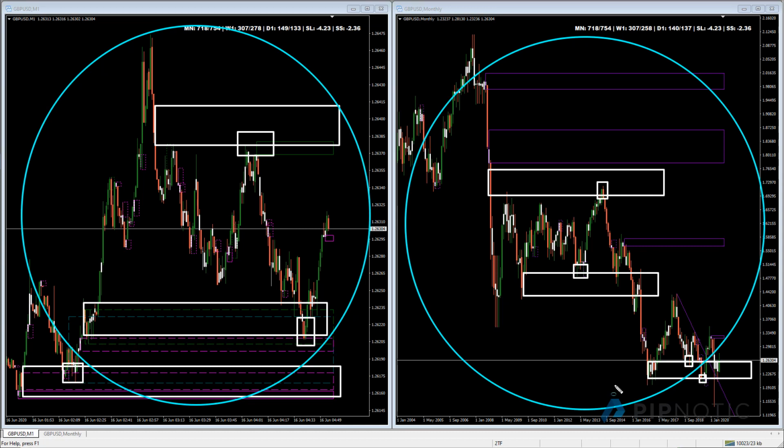Also note, imagine when price came down just in here. Okay, so on the monthly chart you should be buying, but on the minute chart, let's say price came up here. Okay, and so you were looking to sell. You thought, okay, cool, I'm going to sell, and so you sell and you get into this trade. But what are the major flows doing?